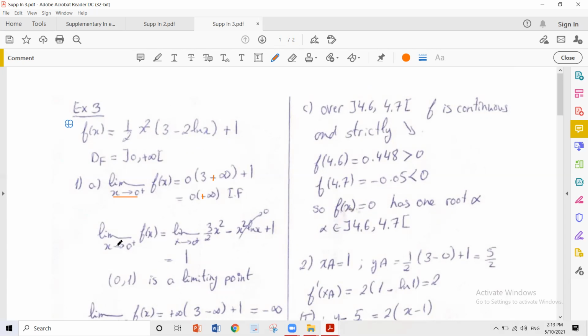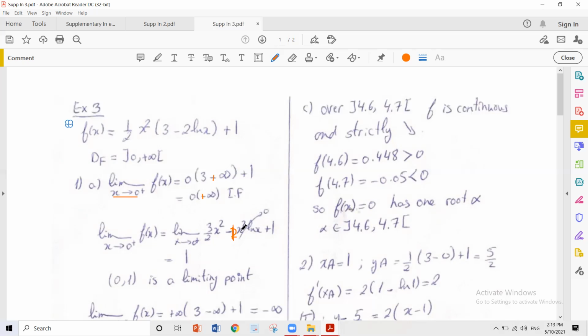Changing the form, limit as x tends to 0 plus of f(x) equals, we expand, it becomes 3 over 2 x squared minus x squared ln x plus 1. No, not 2, this is without 2: minus x squared ln x plus 1.